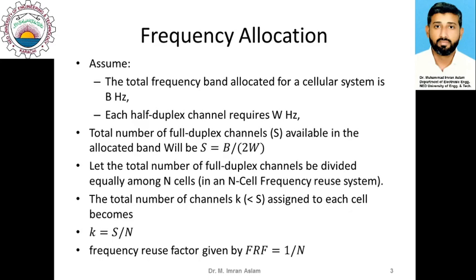So each cell will have K channels, which will be S divided by N, where S represents the total number of available channels and N is the number of cells in the cluster. And of course, as we discussed in our previous lecture, the frequency reuse factor for this case will be 1 over N, because we will be using 1 over N of the total number of channels in a cell.